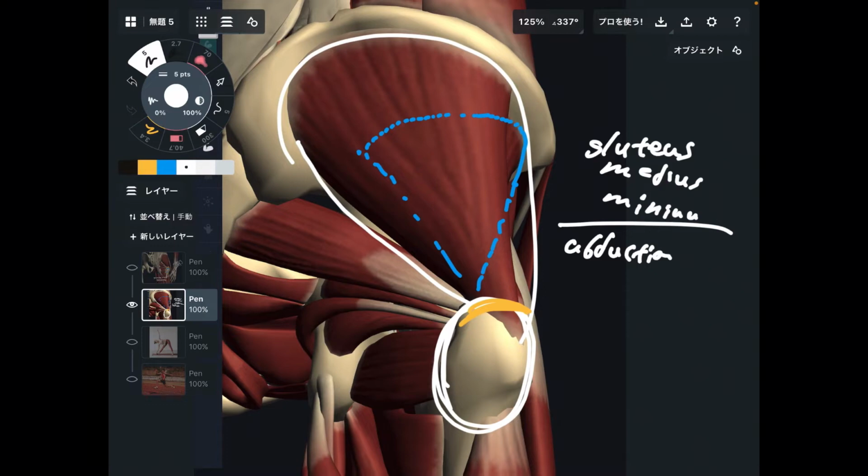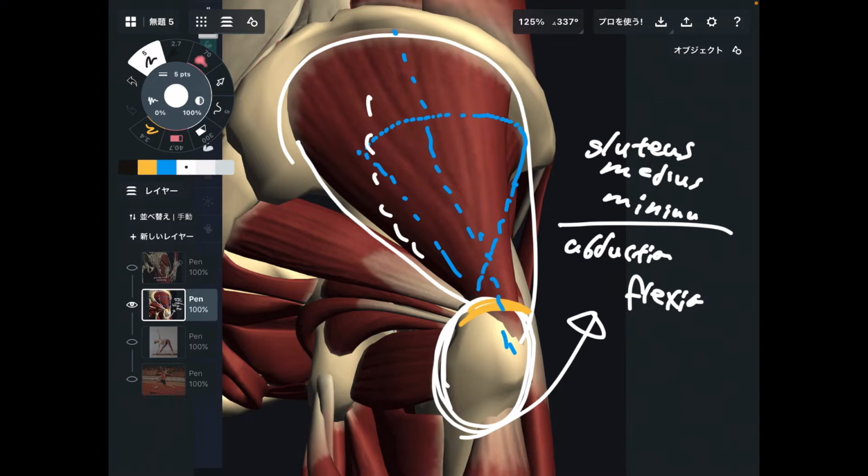Then you can divide these two muscles anterior to posterior, front to back. So when the front part contracts, that brings the hip to hip flexion. Then when the posterior part contracts, that brings the hip to extension. Flexion and extension are completely opposite movements.